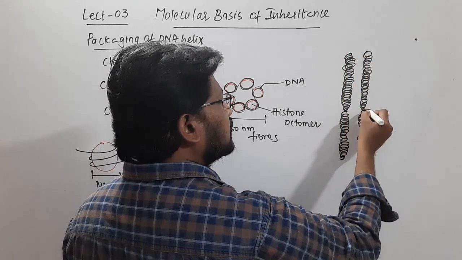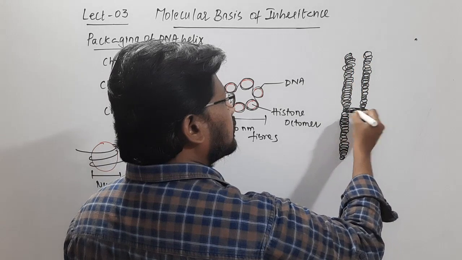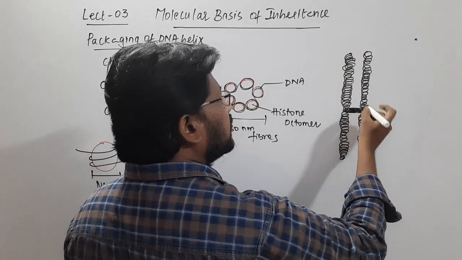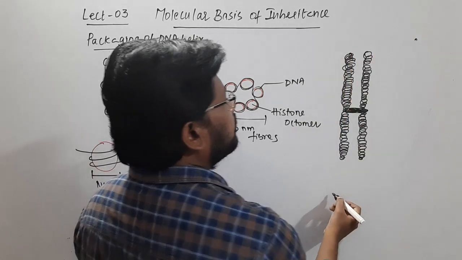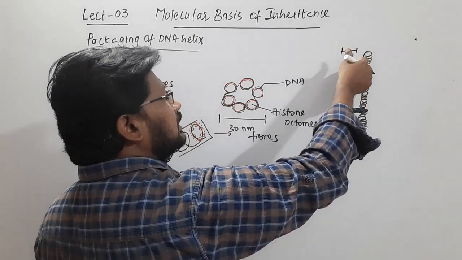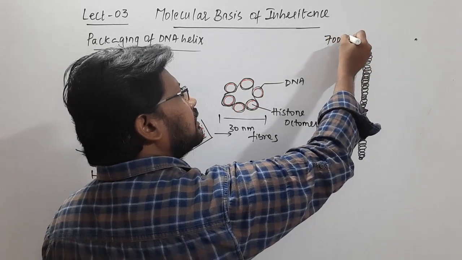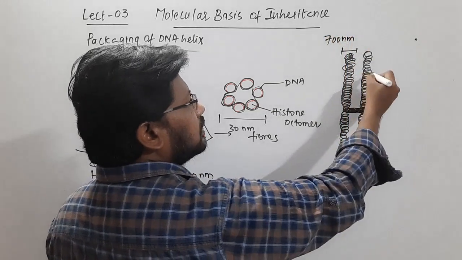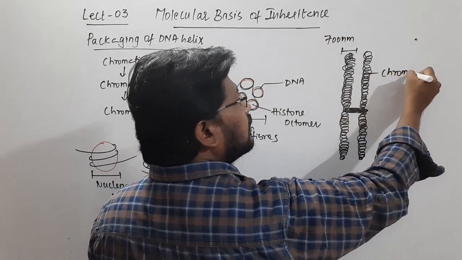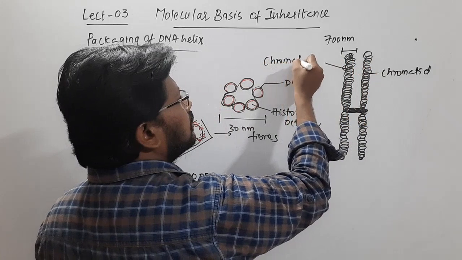And this one is a centromere. The chromatin fiber will have 700 nanometers. So we know this is one chromatid and this is another chromatid.